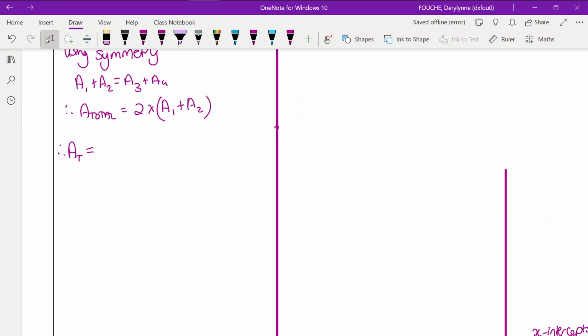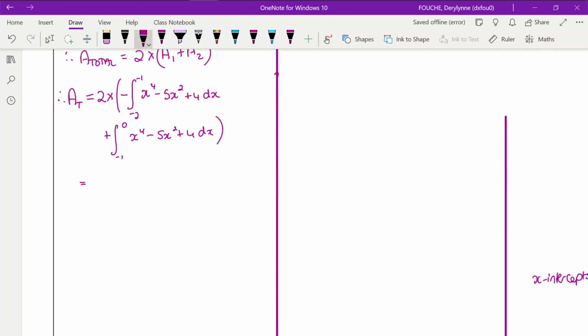So I'm going to have 2 multiplied by a negative integral from negative 2 to negative 1 of x to the 4 minus 5x squared plus 4 dx. Oh, and I had to expand it because I don't have a rule to integrate the two functions multiplied by each other. And to that I'm going to add my integral from negative 1 to 0 of x to the 4 minus 5x squared plus 4 dx.